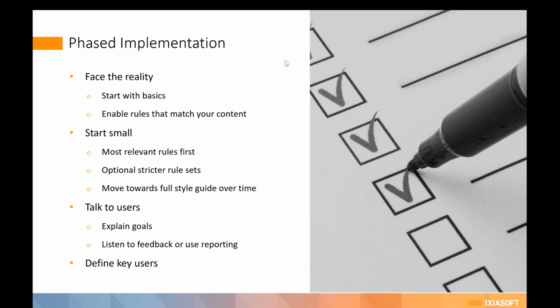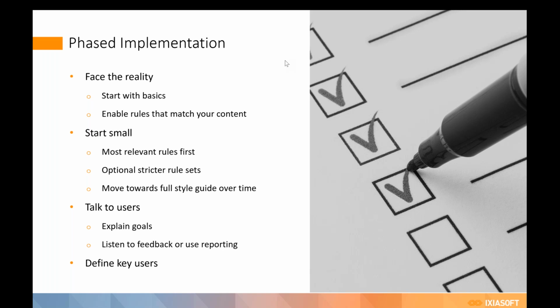But a machine is kind of strict. What it finds, it finds everywhere. And if people give you feedback that there are too many messages, you have to reduce the amount of messages to keep up your user acceptance, to make users use the software. Otherwise, they will start to work against the system.